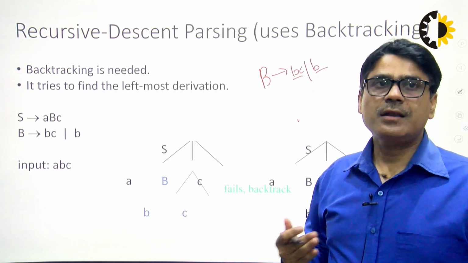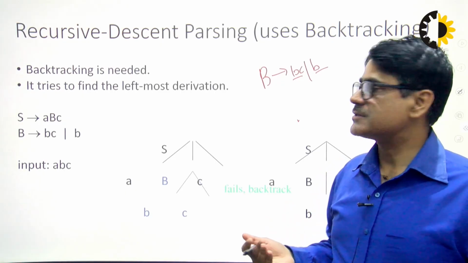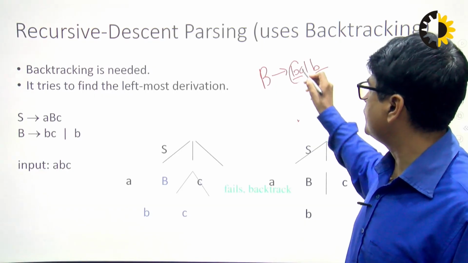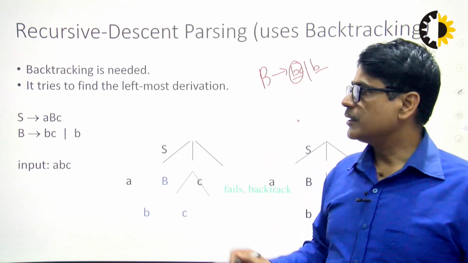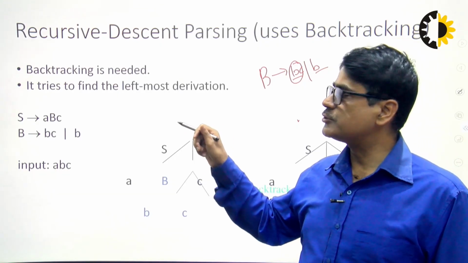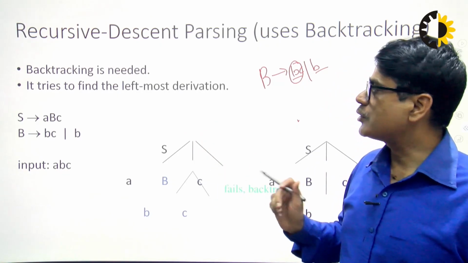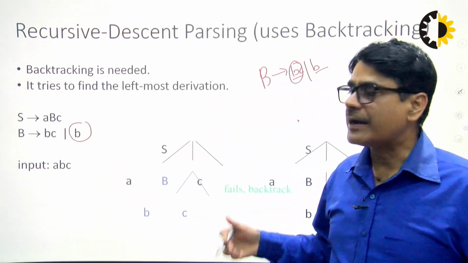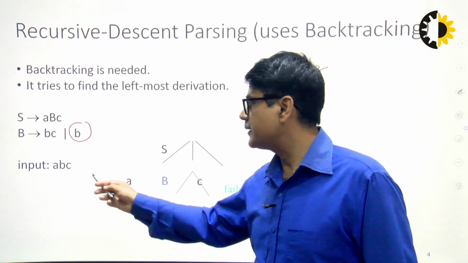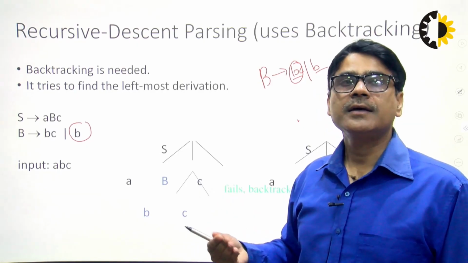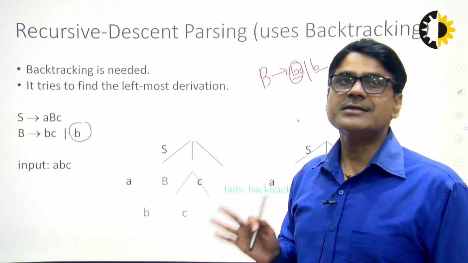Whenever you get b as the current input symbol, you have two choices: either convert B into small bc, or convert it into small b. But you are not aware which particular production is able to generate the given language. So that is the problem.